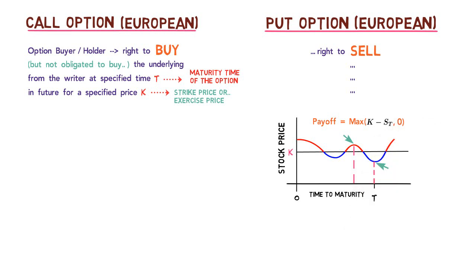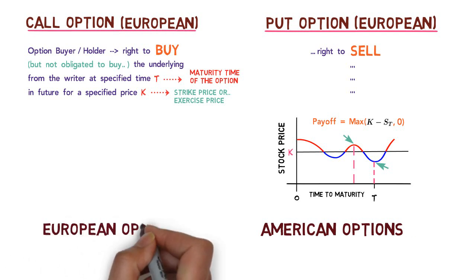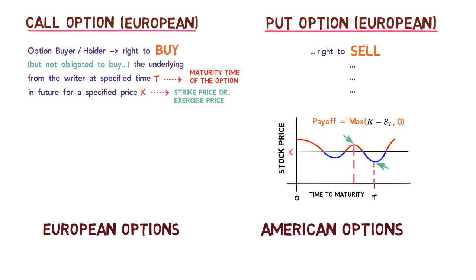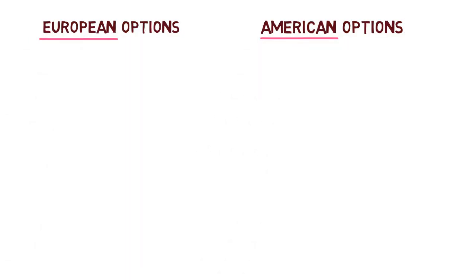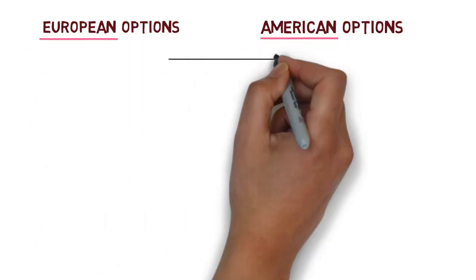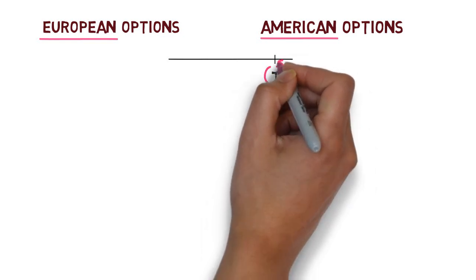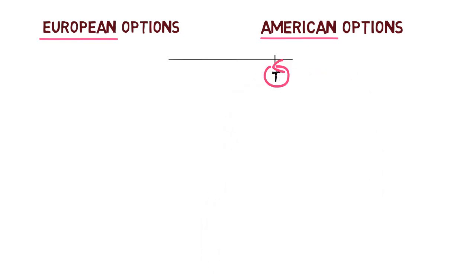And one final thing I want to cover before we move on to the actual model is to quickly talk a little bit about American options. So just like we had European call options and European put options, we have what are called American call options and American put options, and the only difference between these options is the time at which they can be exercised. Suppose you bought a European option and an American option at time zero with everything else being the same.